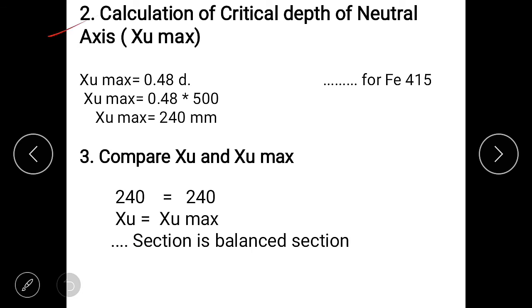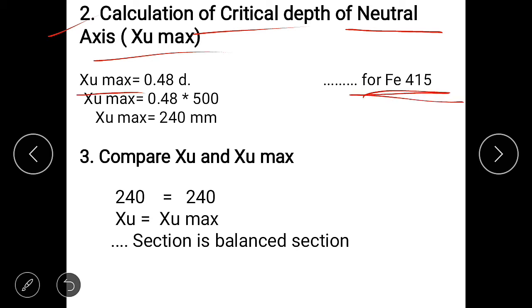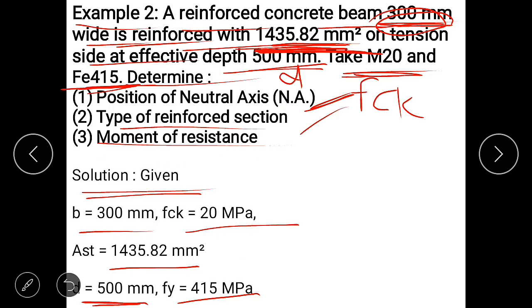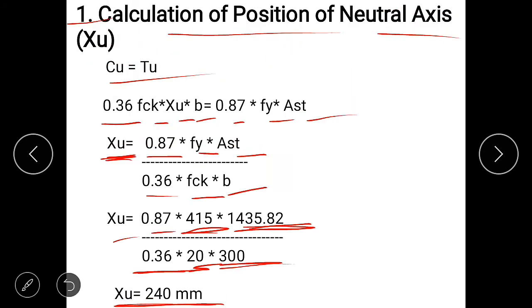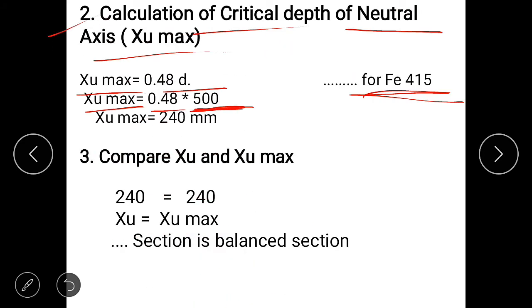Second step, calculation of the critical depth of the neutral axis. So we have to find Xu max. For Fe415, the Xu max value is 0.48 d. So Xu max equals 0.48, depth is given as 500 mm, so Xu max is 240.